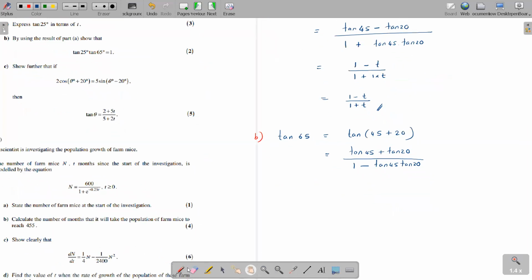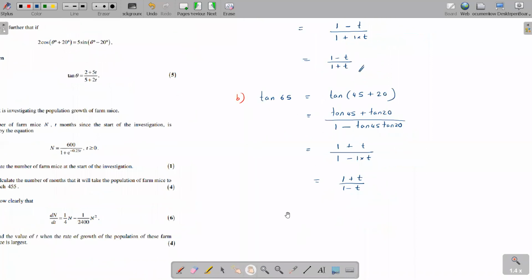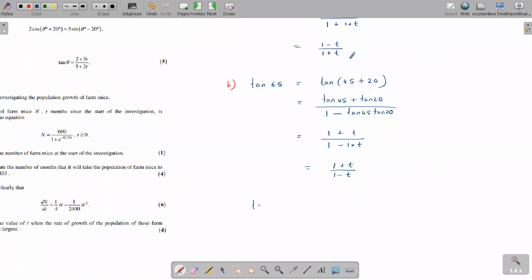Okay. So tan 45 is 1 plus tan 20 is t, over 1 minus tan 45 into tan 20, which is t. So this is 1 plus t over 1 minus t. Can you all see? So tan 25 into tan 65, that's what they're asking here.